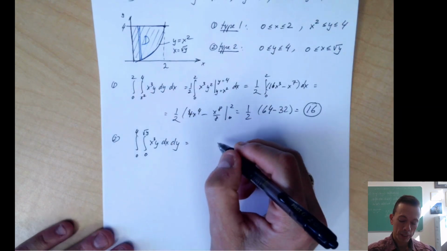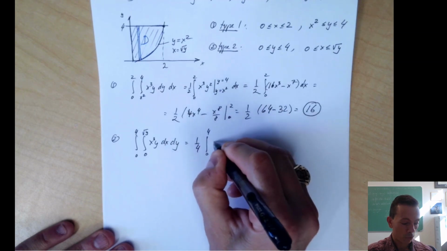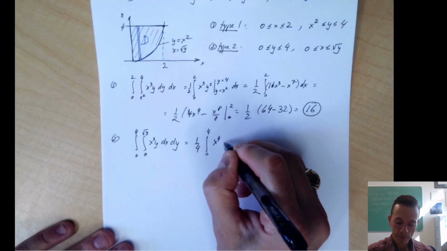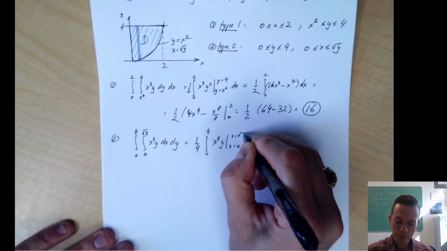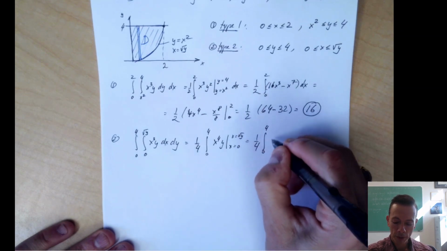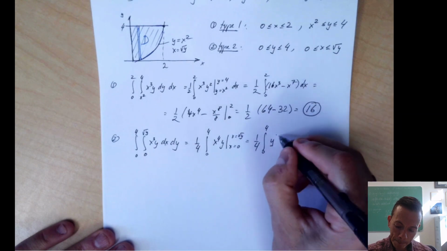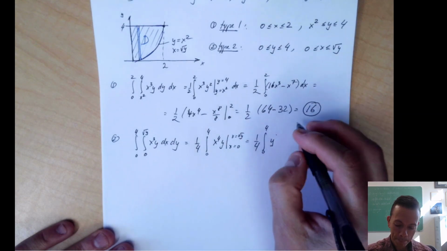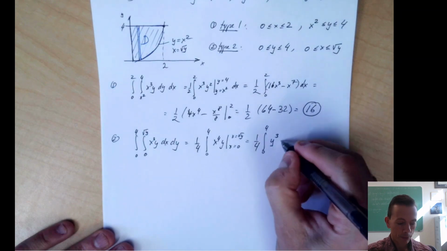If we proceed here with the integration now in x, it gives you x to the 4th over 4, where x goes from 0 to square root of y, which is the integral of y cubed minus 0 dy.